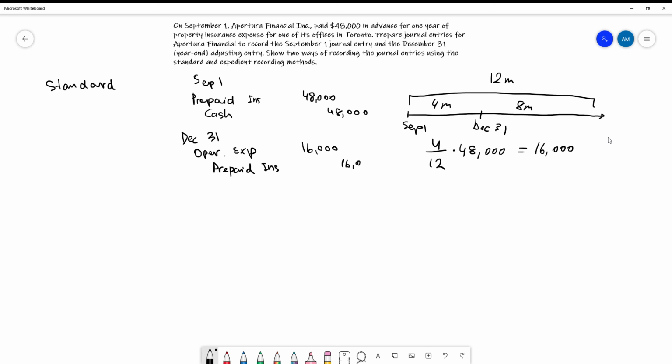So this is an adjusting journal entry for the prepaid insurance account.